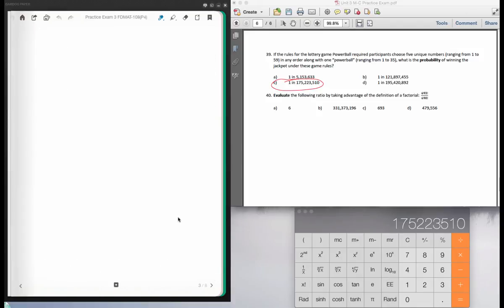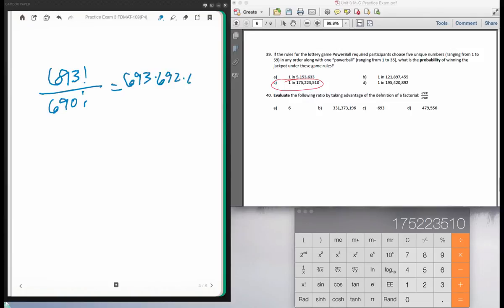And the last problem, evaluate the following ratio by taking advantage of the definition of factorials. And so this actually is quite easy from what I've been showing you. 693 factorial divided by 690 factorial. So we'll go 693 times 692 times 691, and then that's times 690 factorial, and all divided by 690 factorial.